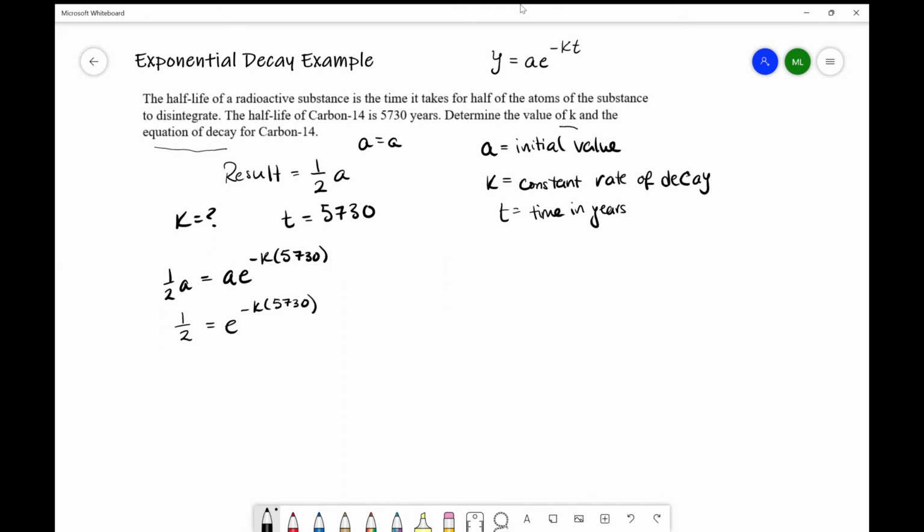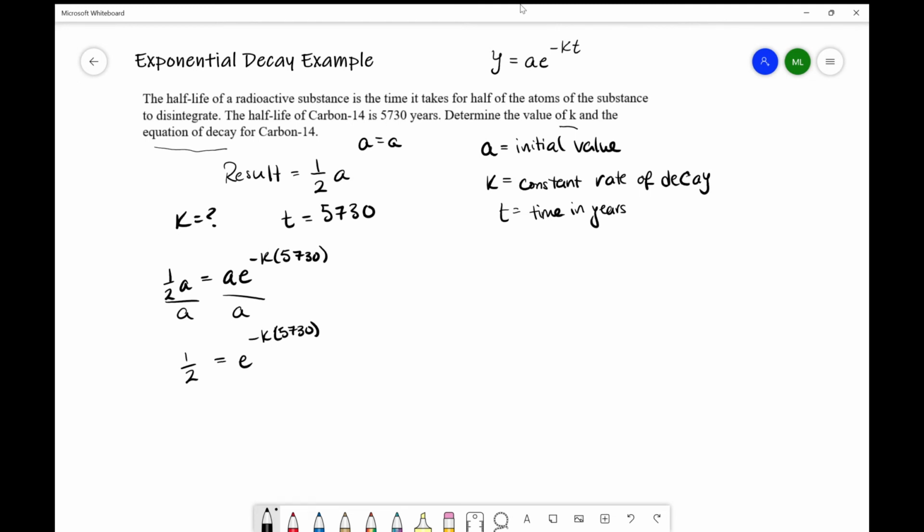Basically, you have an a on both sides, so you can divide by a and get a half equals e to the negative k times 5,730. You can do that because there's a on both sides. Of course, this is only valid for multiplication and division.